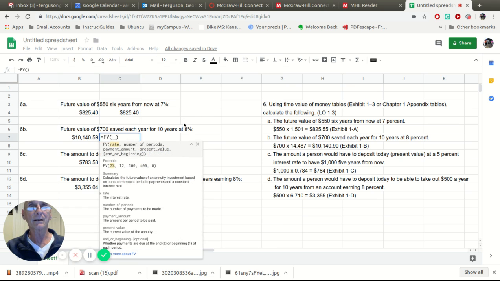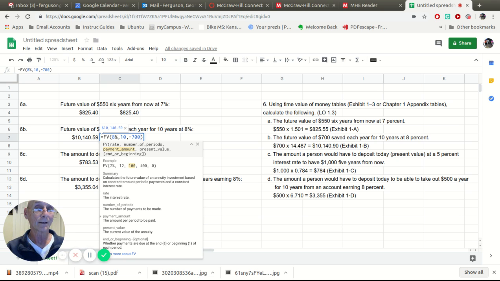In this case, the rate, 8%. So I'm going to type in 8%, comma. Number of periods, now that's 8% per year. Number of periods is 10 years, comma. Payment amount. What I'm doing is I'm putting aside $700 every year, minus $700 because it's coming out of my pocket.